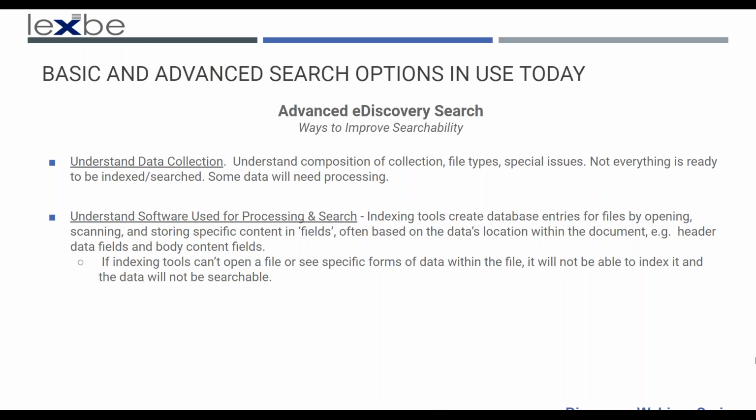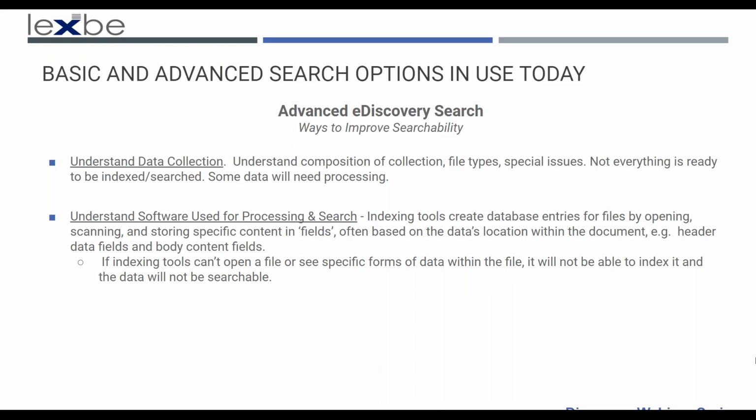More important than that, if you have a good understanding of your data collection, you also have to understand the software that's being used to process your documents and then search them. So your indexing tools will create a database entry for files. It's going to open the document itself, scan it, and store the content in fields, these metadata fields.